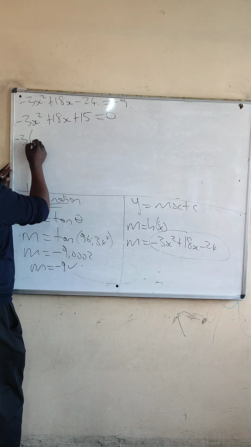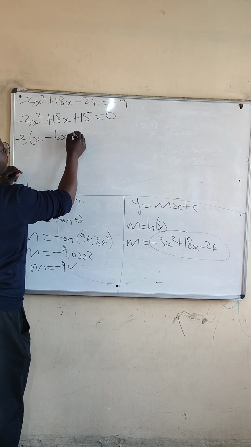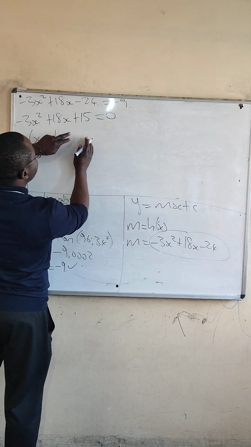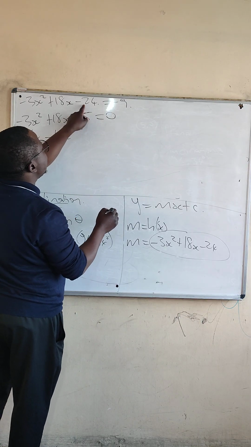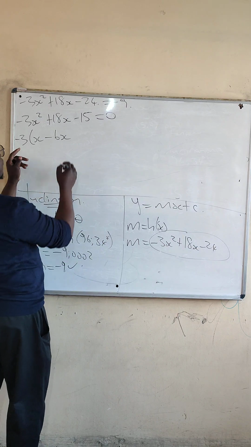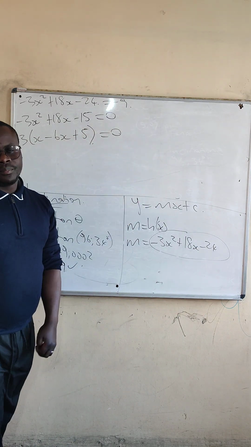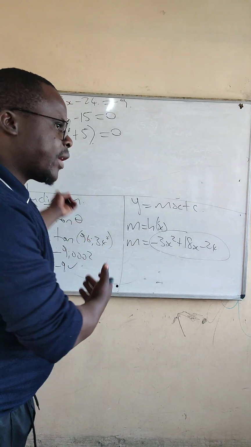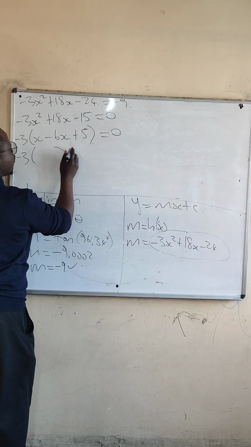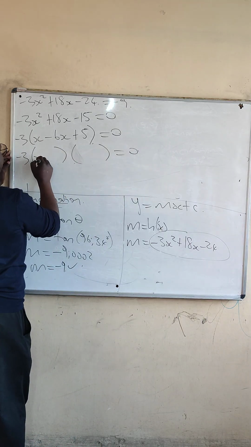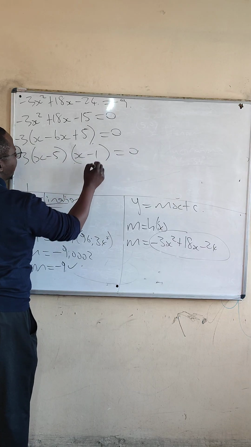Let's factor out minus 3: minus 3 times x squared minus 6x, and when this one comes over as negative it changes to become positive 5, equals 0. All right, let's find x values. The factors are x minus 5 and x minus 1.